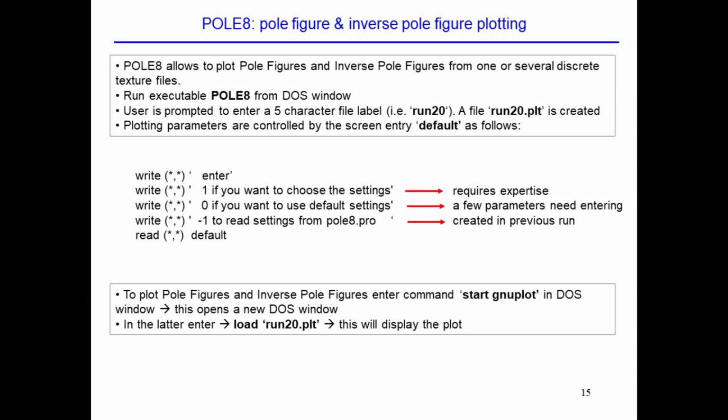But you can use Excel or Origin or any other plotting program. You enter the command start gnuplot in the DOS window, and this will open a new DOS window for gnuplot. In that window you enter load run20.plt, run20 being the file that you just created, and this will display the plot.